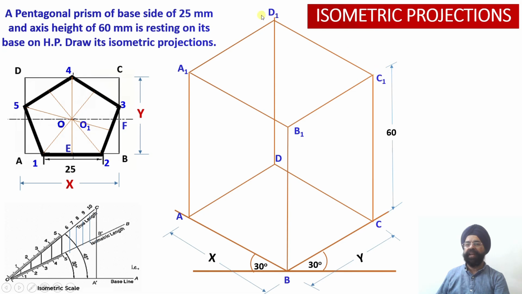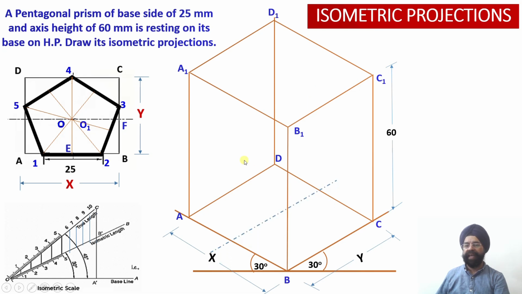The guiding figure happens to be a rectangular prism, right? Now corresponding to the top face, once again 4 points A1, B1, C1 and D1 have been marked. So the bottom face has been drawn, the top face has been drawn, and these are 4 vertical rectangular faces which we have worked out, right?